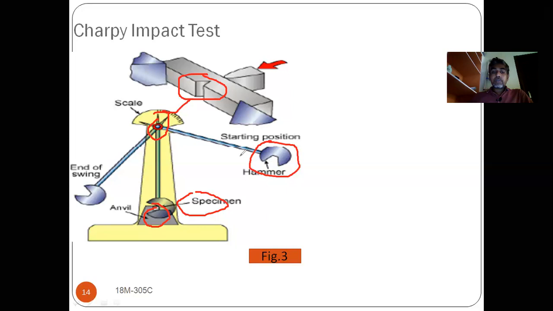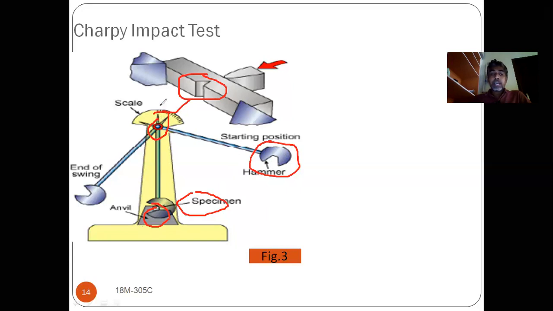You raise the swing hammer to a certain height, keep it at that height, and suddenly release it. It falls suddenly onto the specimen, and because of that, the specimen fractures into two pieces. While the fracture takes place, the material absorbs some energy.